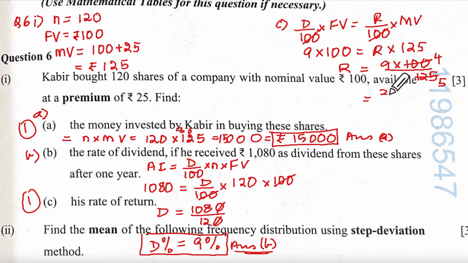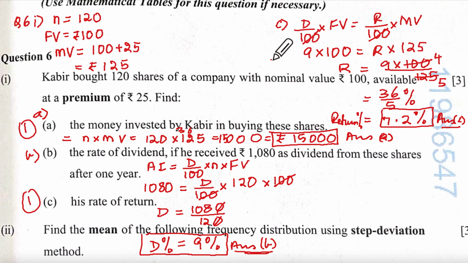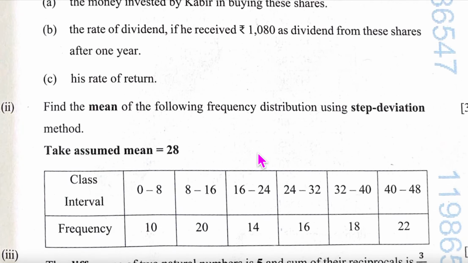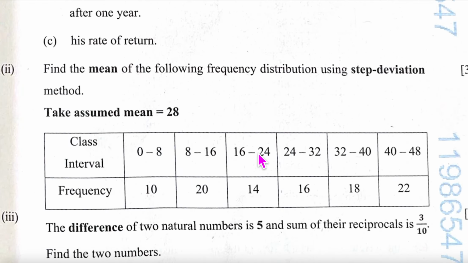So return percent is 9 4s 36 upon 5%, which will come out to be 7 and 1/5 percent. This is the return percent, and that becomes our answer C, which is again for 1 mark. So I think it was a straightforward question and most of you must have got this right. I'm very confident that you must have got it right.